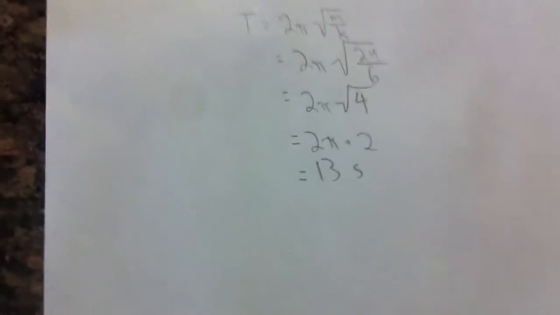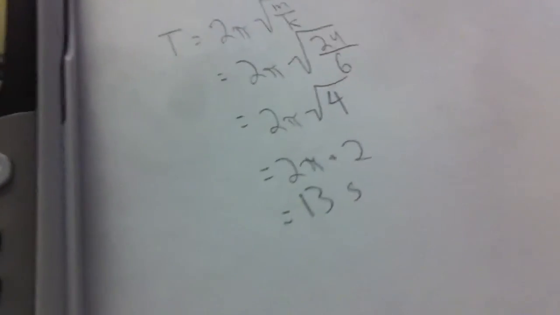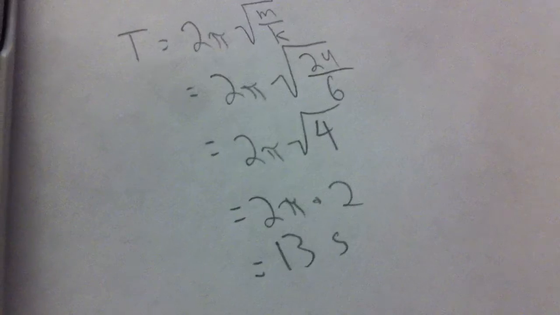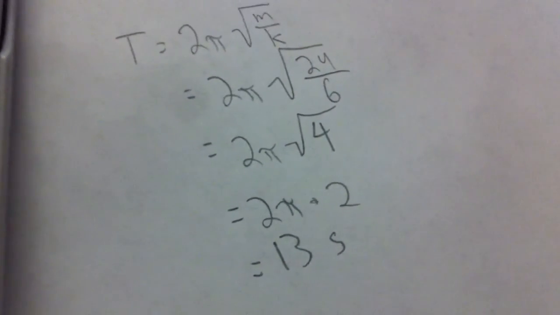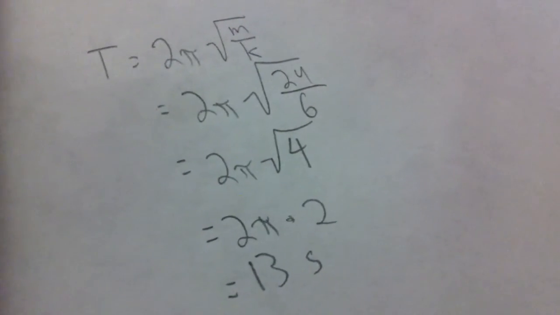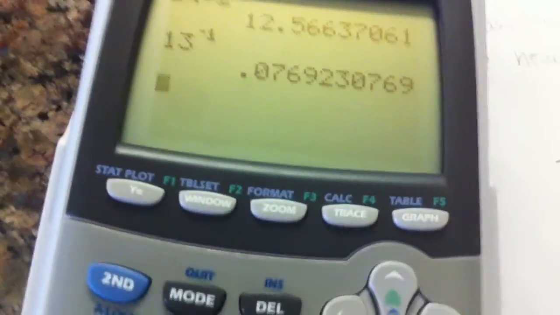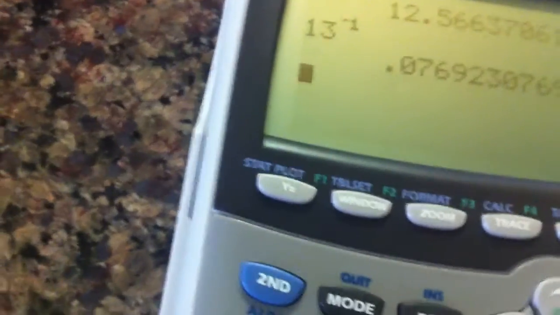But it also asks us for the frequency, and all you have to do for that is take the inverse of that number. So it would be 13 to the negative 1. And we would get this. That means in 1 second, this is how much of that cycle would be completed.